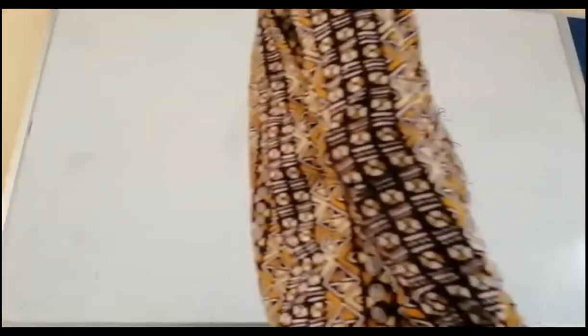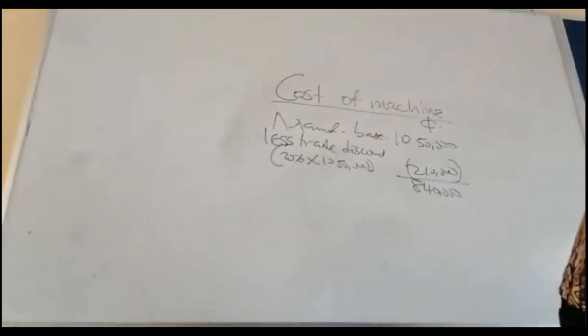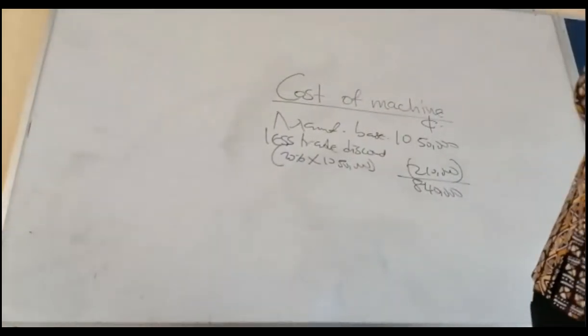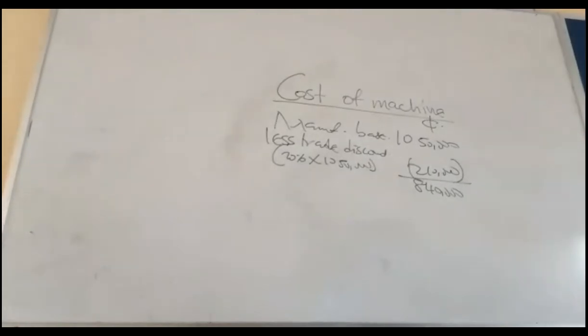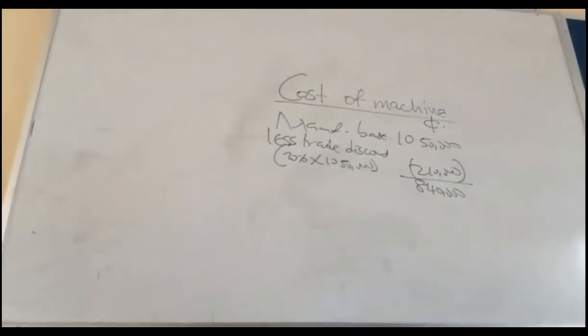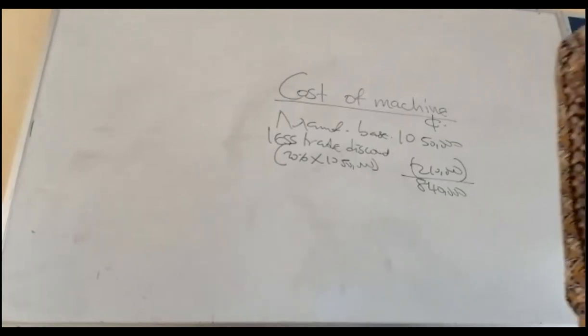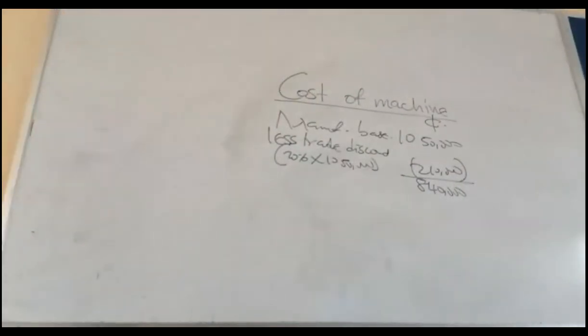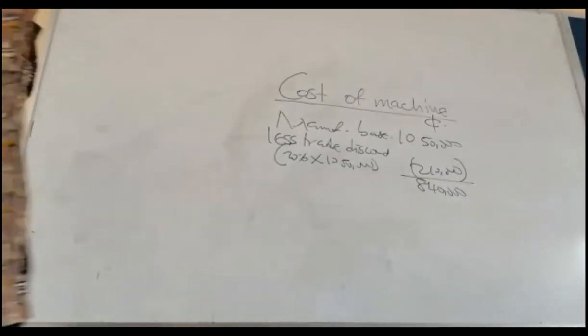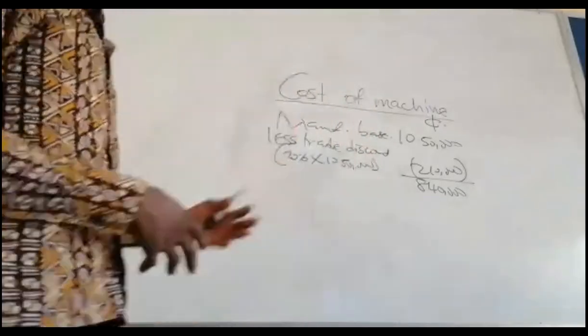The next item on the list is early settlement discount taken on the payable amount of the base cost only. Early settlement discount, how do you treat it? When you talk about early settlement discount, that's the cash discount.